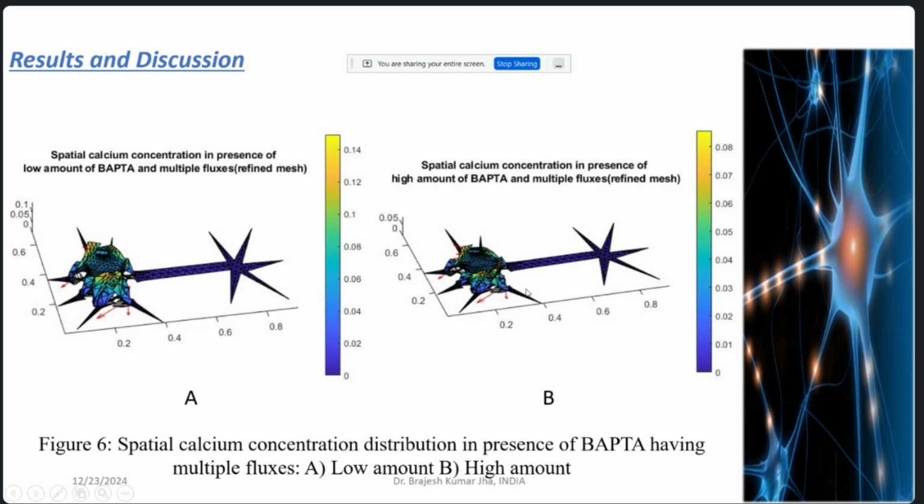If we talk about the higher amount, it will decrease very much. Either the movement will not take place or a very slow process will take place. Many more neurons and the movement of the neurotransmitter.